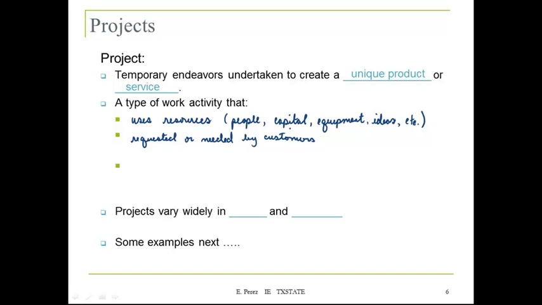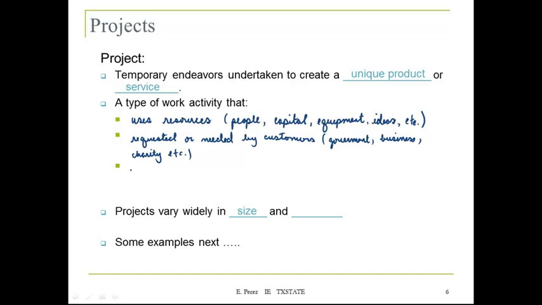So your customer could be the government, hospitals, business, charity, etc. So you're going to be using some resources, and you're going to be having someone telling you what the needs are and what is requested.